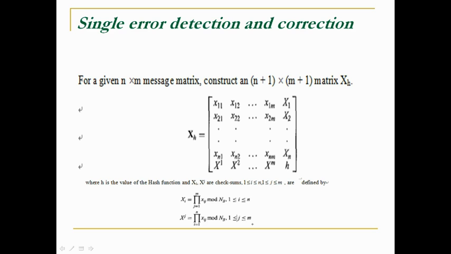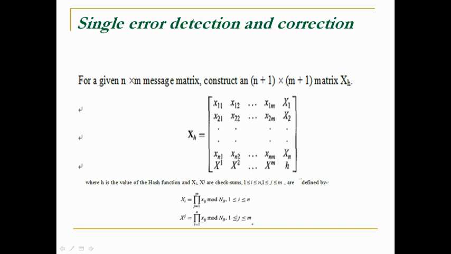So in this scheme, an approach is presented based on this that uses the intermediate results of the hash function as the checksums and is able to detect and correct both computation and data transmission errors.